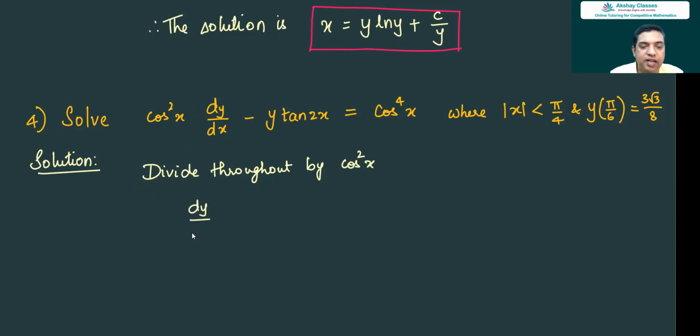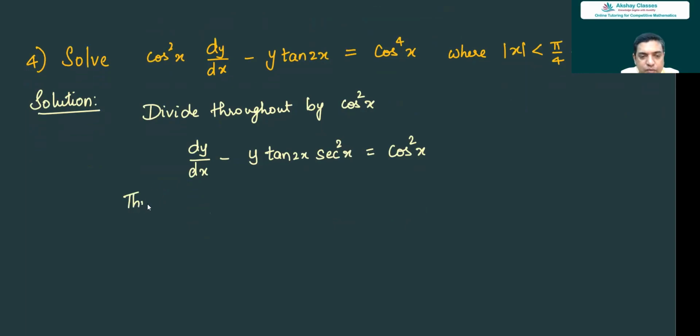So we get dy upon dx minus y times tan 2x secant square x is equal to cos square x.